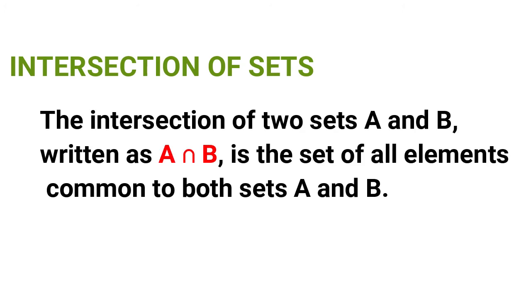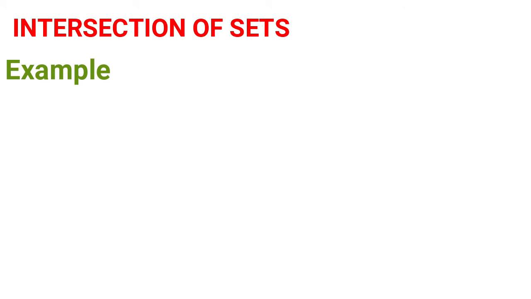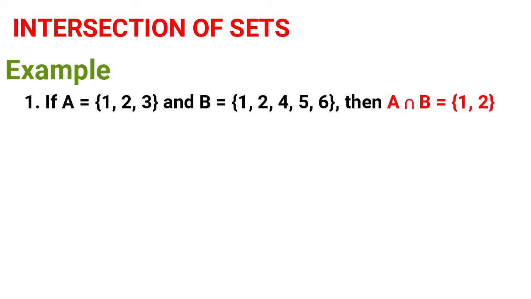The intersection of two sets A and B, written as A intersection B, is the set of all elements common to both sets A and B. Example, number 1. If A is equal to 1, 2, 3, and B is equal to 1, 2, 4, 5, 6, then A intersection B is equal to 1, 2.